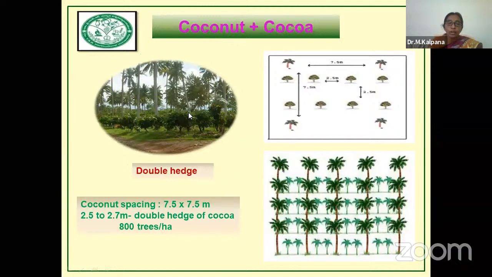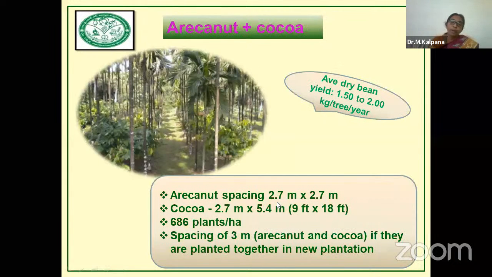Because of the larger number of trees, you will get more yield. We should not allow a second jorquette, because there will be more shade and more canopy, and the yield will be reduced. So care should be taken to restrict the height to only the first jorquette.